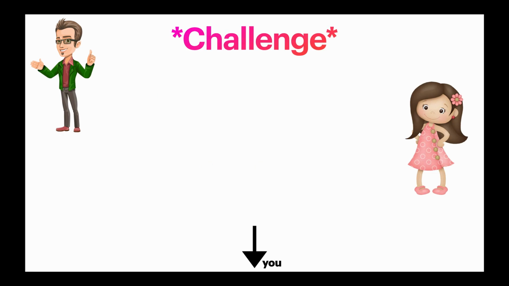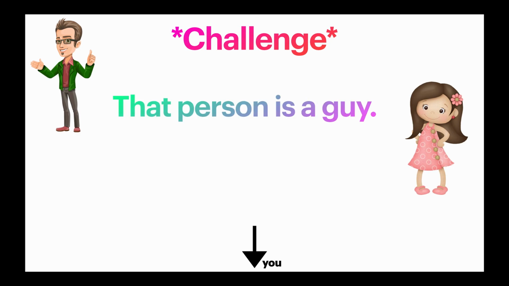Okay, now I challenge in case you're up for it, which is combining both this and that before a noun and a full sentence. So if you're up for it, go ahead and try. That person is a guy.